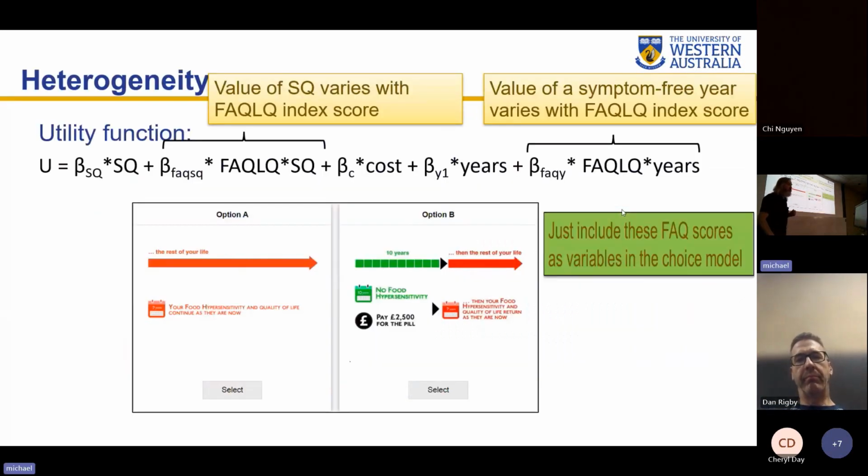So you could just pop the factor scores in as variables into the choice model, which is what most people would normally do, conventionally, apart from up to about 10 years ago when the hybrid model started to emerge. You just calculate the index, treat it as if it's a known variable, like their age, put it into the model and off you go and estimate things.